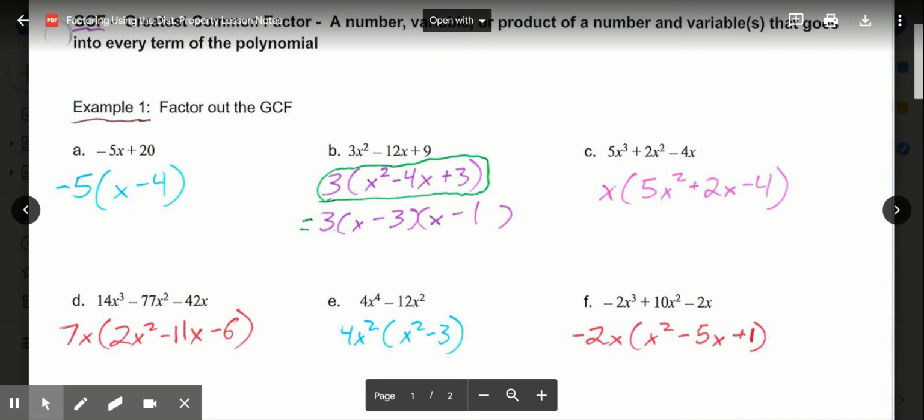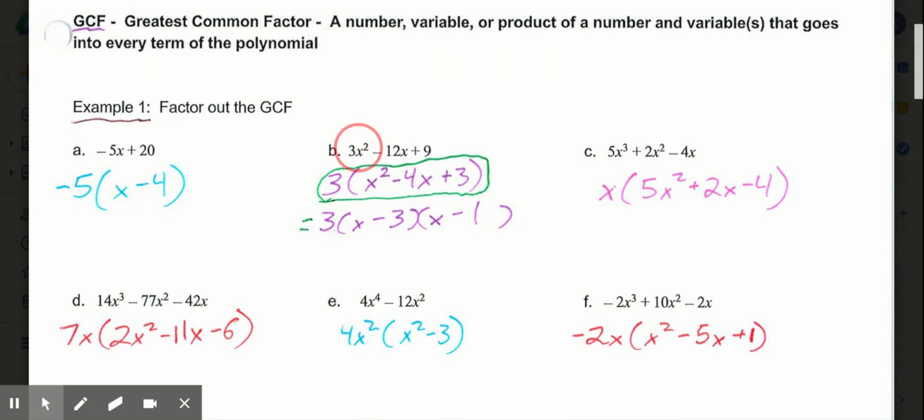Now looking at B, we have three different terms: 3x squared minus 12x plus 9. So the greatest common factor has to be something all three of these can be divided by. Since the final number doesn't have a variable, I know I won't be factoring out a variable. Now what can 3, 12, and 9 all be divided by? A positive 3.